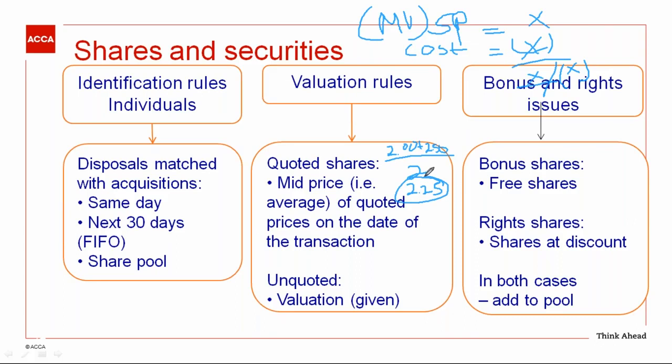So based on this price, you now calculate the sales proceeds. This is in a situation where you have gifted shares or where you have sold your shares at an undervalued price.